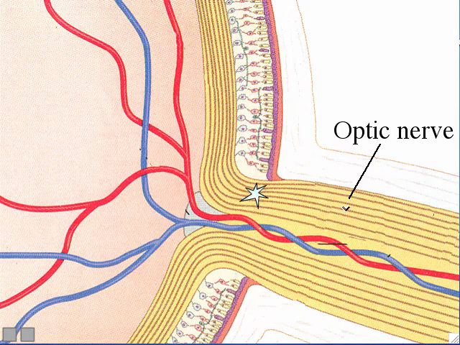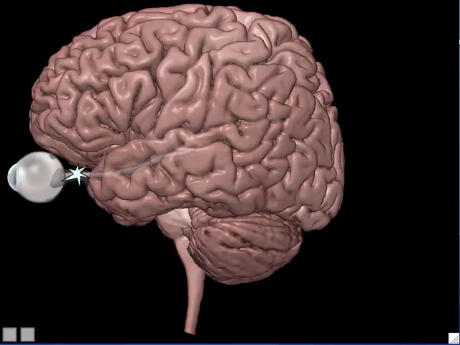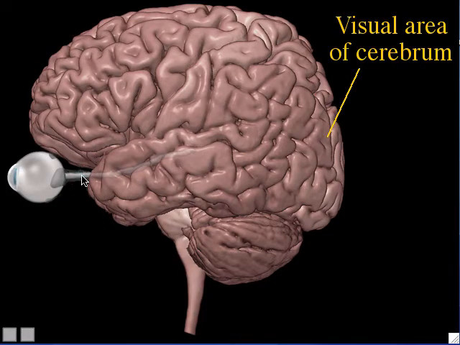Okay, so those visual sensory signals come down out of the retina through the axons of the ganglion cells, which is what the optic nerve is, and then those visual nerve signals travel along the optic nerve and eventually into the brain. Here we go. And I guess I mentioned this before.